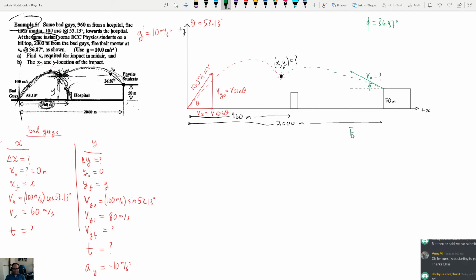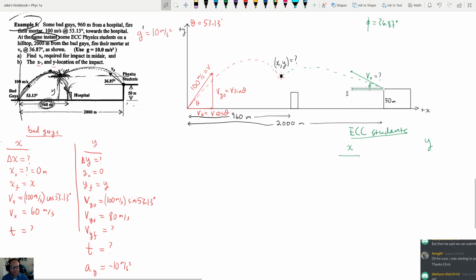So over here we have the ECC students that are trying to save the hospital. And they will also have X and Y information. Similarly, we can figure out what that information is going to look like by taking components of this initial velocity vector.